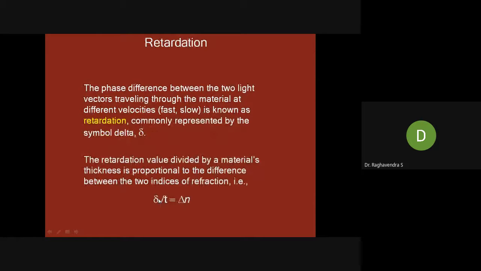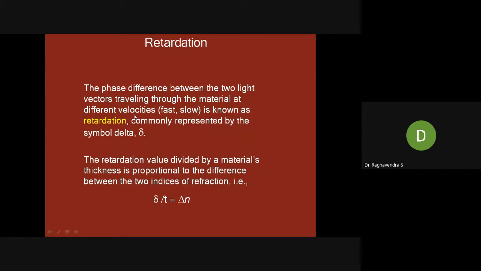You will find delta N using the material constant, the material refraction indices, and sigma 1, sigma 2. Then the retardation value, delta divided by T. The thickness of the material is very important here. So T stands for the thickness of the material.